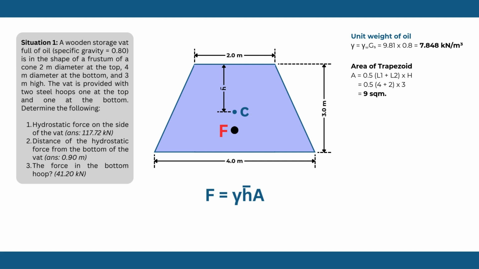Kasi when it comes to determining the exact location of the application of hydrostatic force, need mo na isolve yung tinatawag na eccentricity or yung distance na mula sa centroid ng area natin. And in order to do that, meron tayong involved na moment of inertia in which pwede lang natin siya masolve considering the basic shapes separately. So, panibagong mahabang solution na naman.